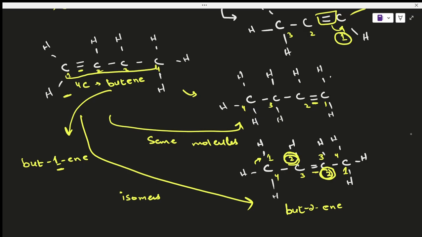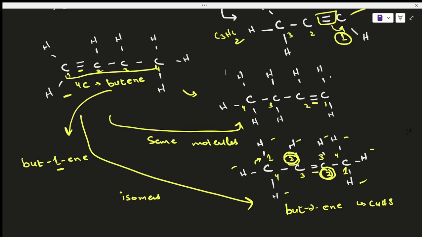Okay, and let me just draw the molecular formulas for this real quick. So this is C4, and 1, 2, 3, 4, 5, 6, 7, 8. So this is C4H8, and this one is C3H6, with 6 hydrogens. And how do I know this?